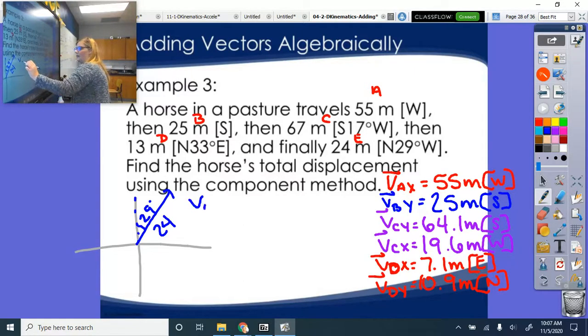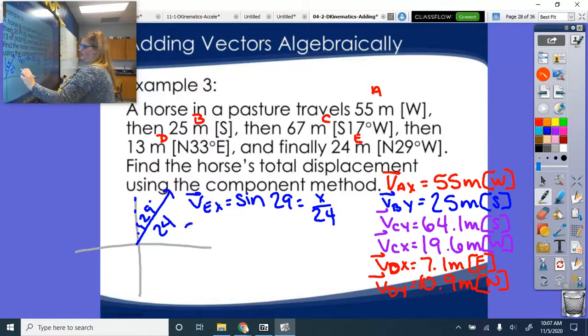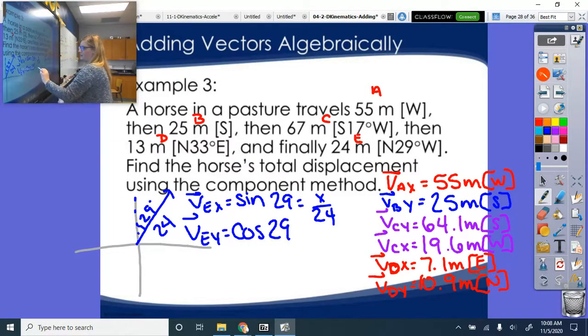So my vector E in the x direction is the sine of 29 equals x divided by 24. And my vector of E in the y direction is cosine of 29 equals my y divided by 24.